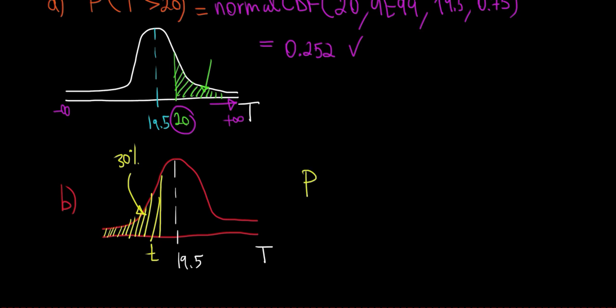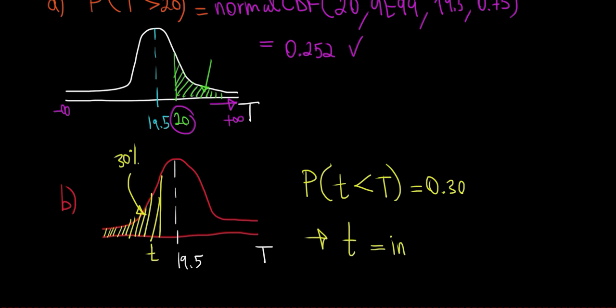Now I'm going to write in my probability structure, probability bracket, and I'm gonna put there that T is less than a value T equals to 30%, which is 0.30 or 0.3. Okay, and then I'm going to use the inverse normal, which is inverse normal.